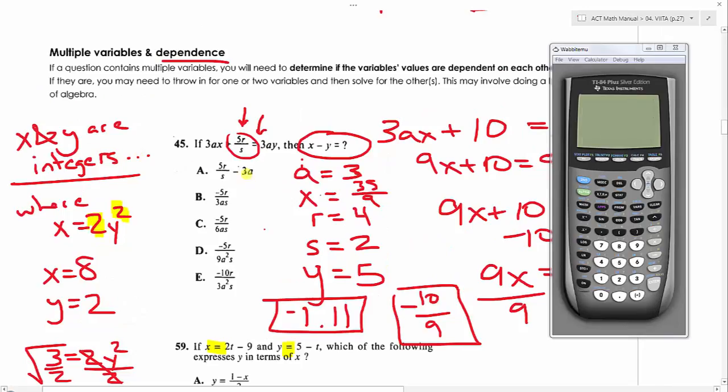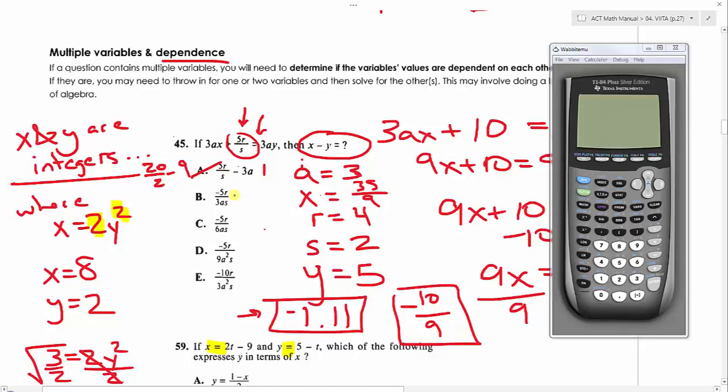So answer choice A, 5r over s minus 3a. 5r is 20. I'm going to do this over here where there's more room. 20 over 2 minus 3a, which is 9. So that's 10 minus 9, which is 1. That is not what we needed. We needed negative 1.11. Let's do answer choice B, negative 5 times r, over 3as.